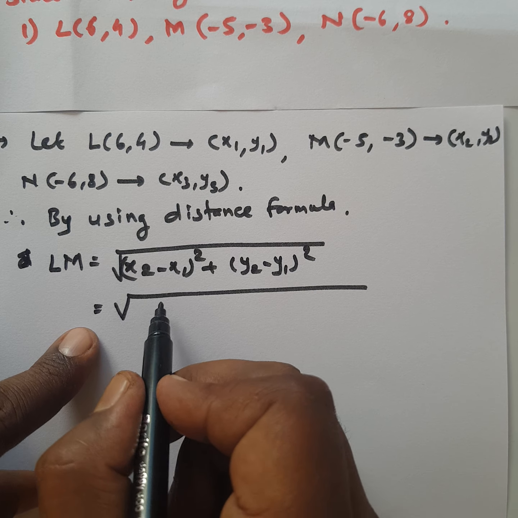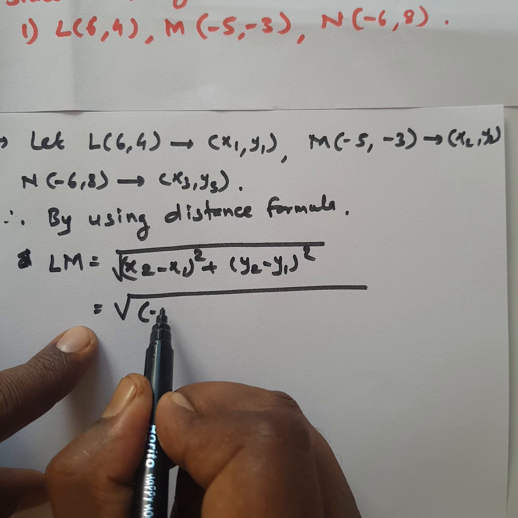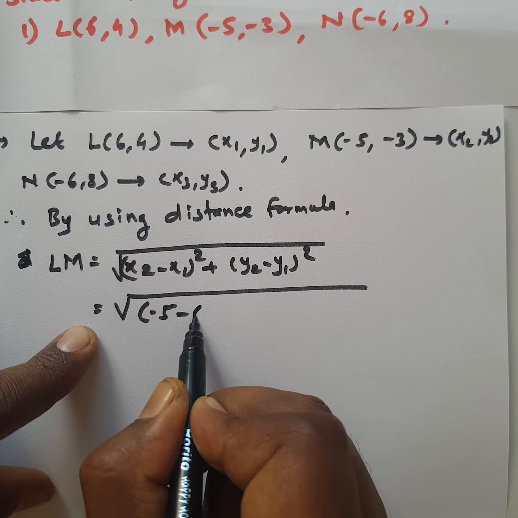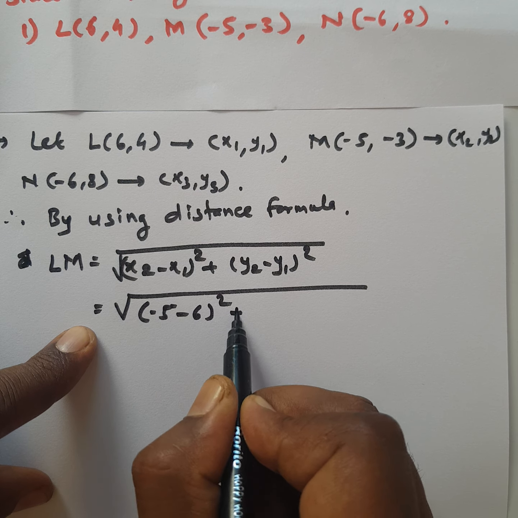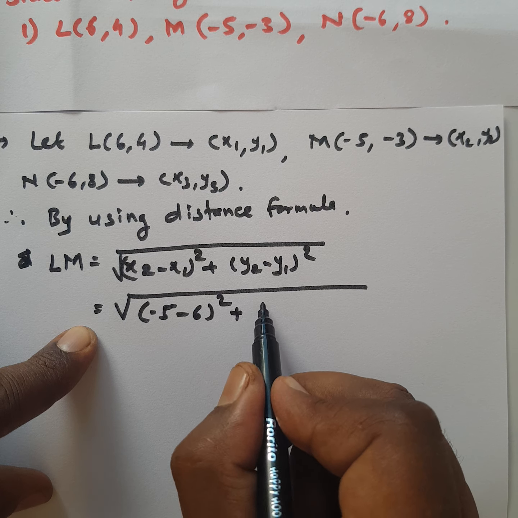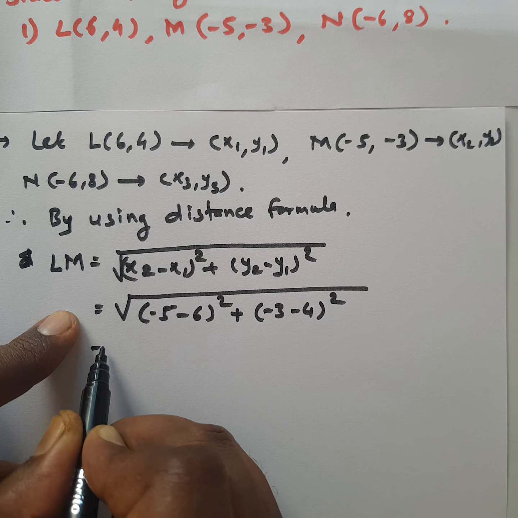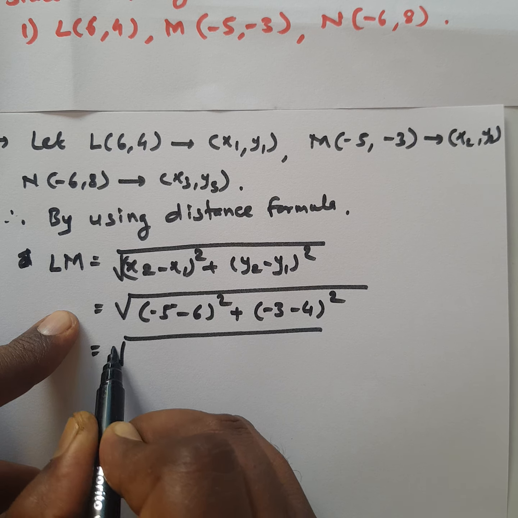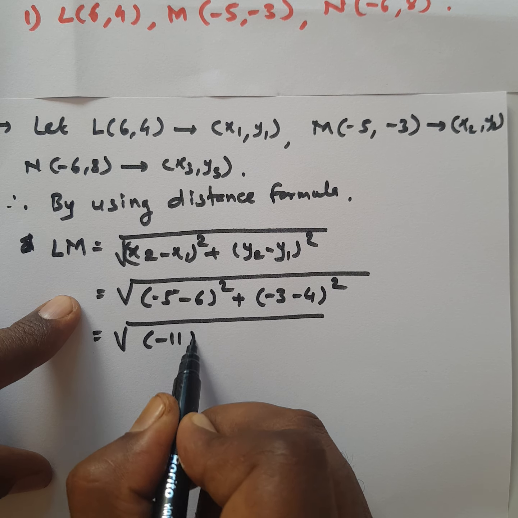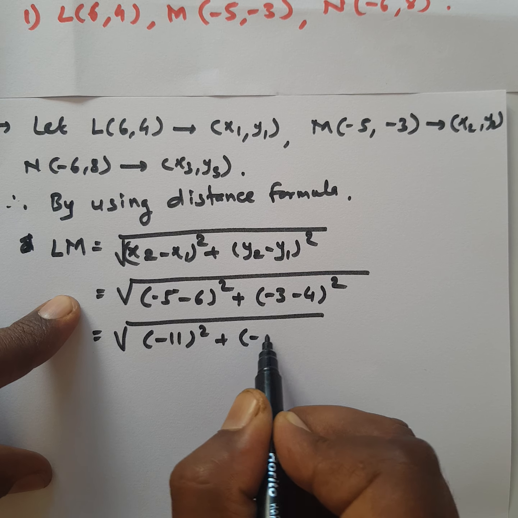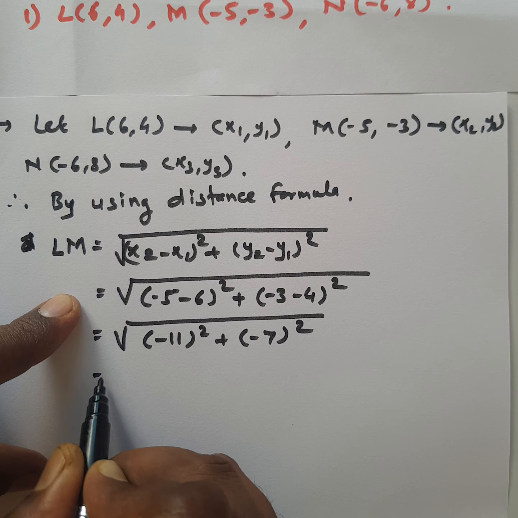Here x2 is minus 5, minus 6, whole square, plus y2 minus 3, minus y1, 4, whole square, is equal to (minus 11) square plus (minus 7) square.